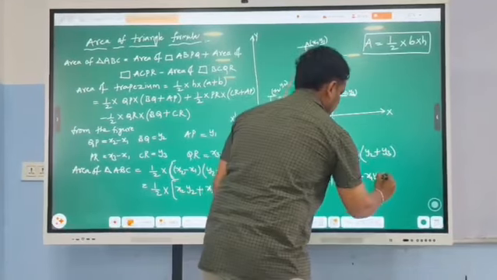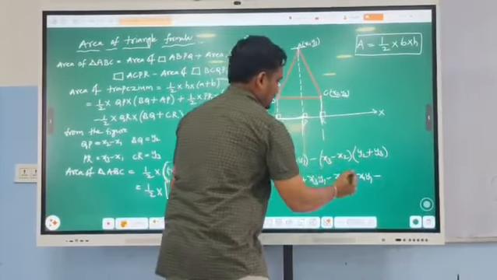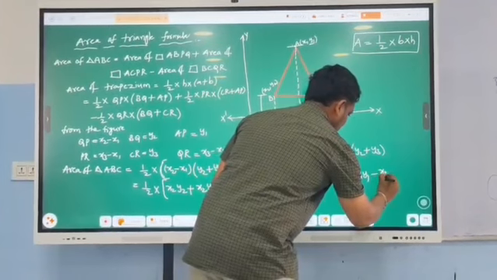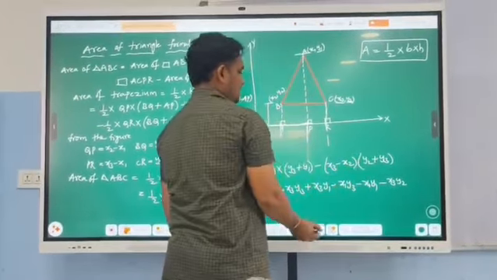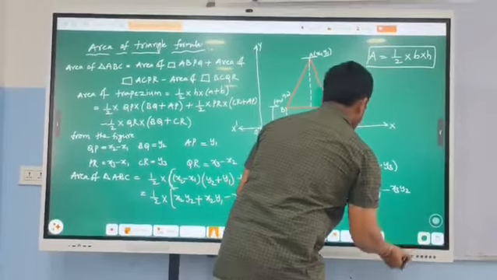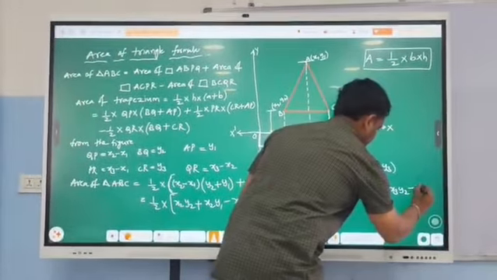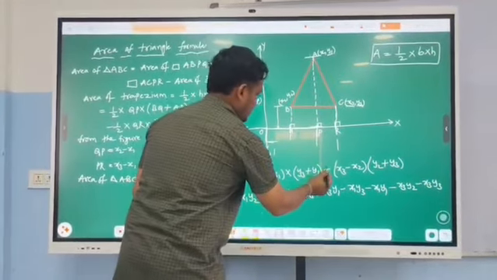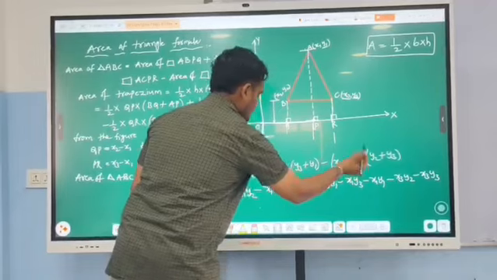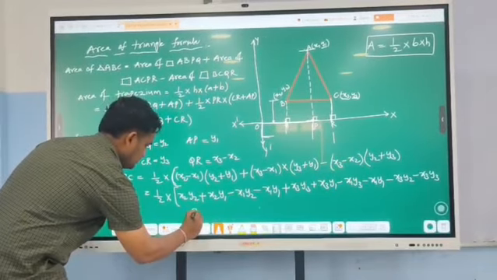The same way here, minus x3 into y2, x3 y2, minus into plus, minus x3 into y3, x3 y3. The same way here we have minus into minus plus, so x2 into y2, x2 y2.